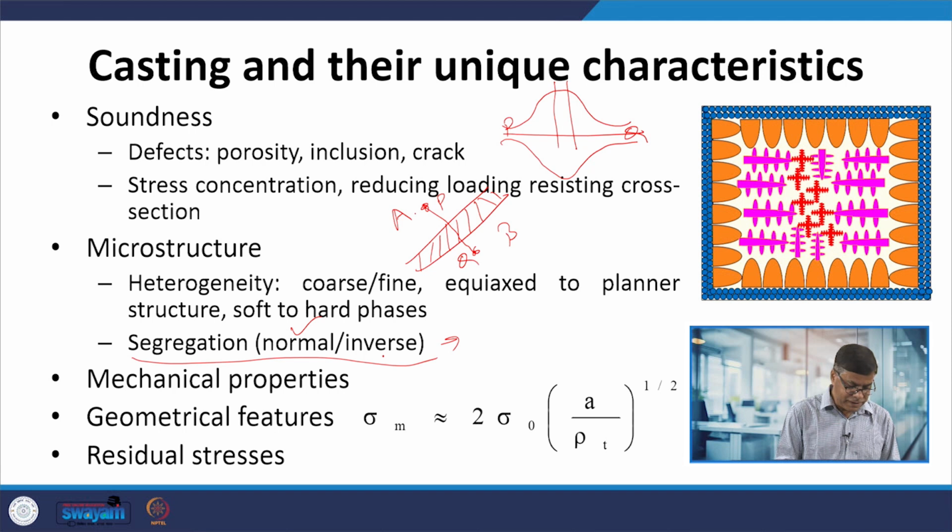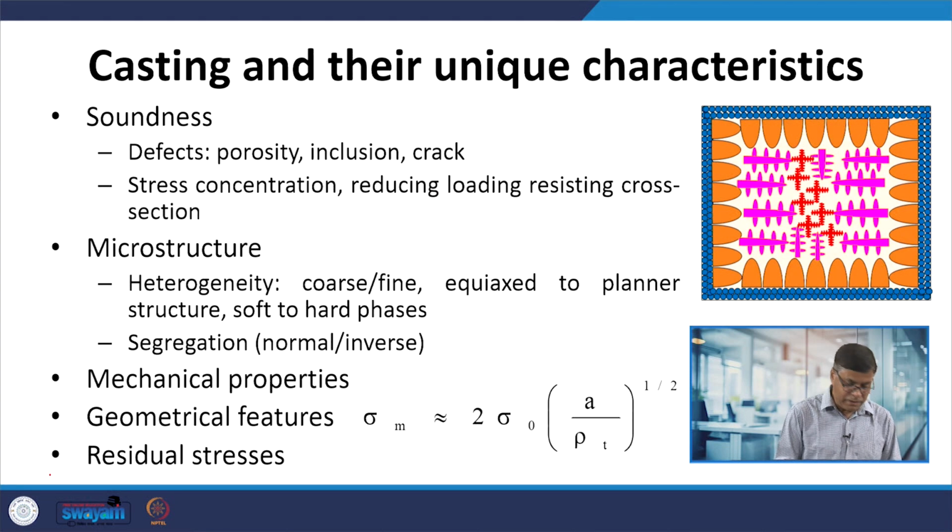So, we notice that the mechanical, tribological or corrosion performance of the castings is significantly governed by the microstructural homogeneity and the homogeneity of the composition.